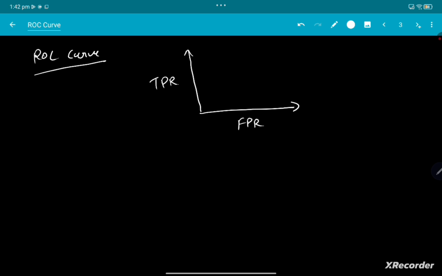So the curve between true positive rate and false positive rate is the ROC curve. Let's say we have a curve like this, and each point of that curve corresponds to one particular threshold. So let's say this point corresponds to threshold T1, this point corresponds to threshold T2.